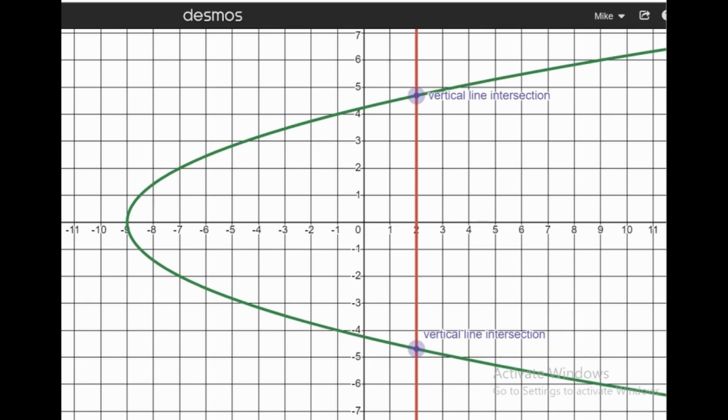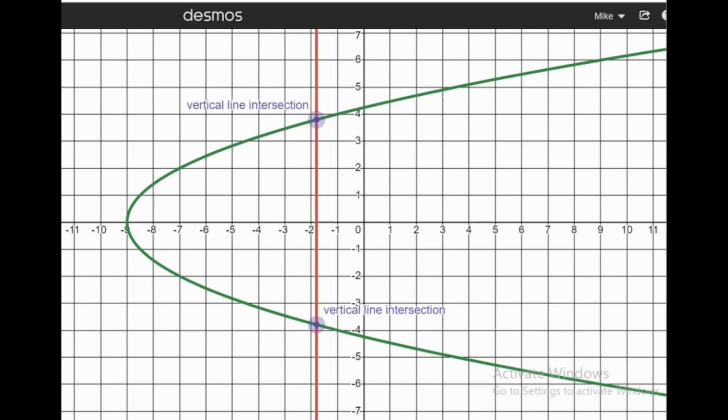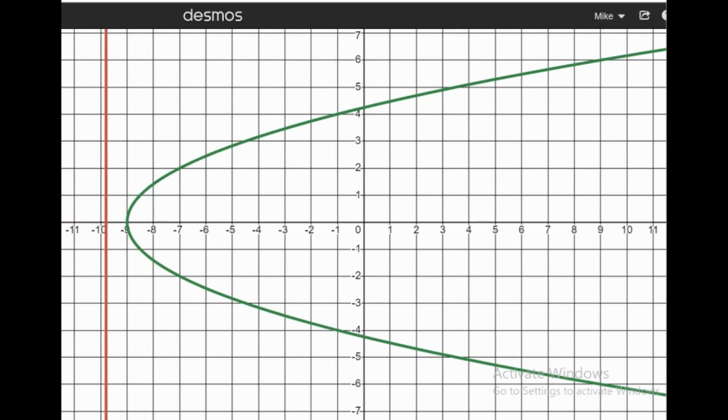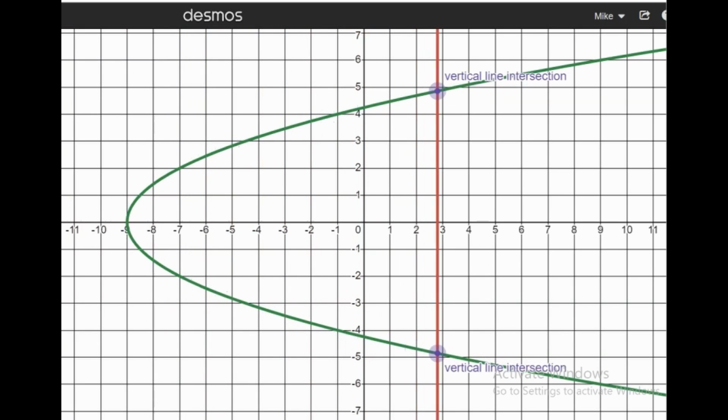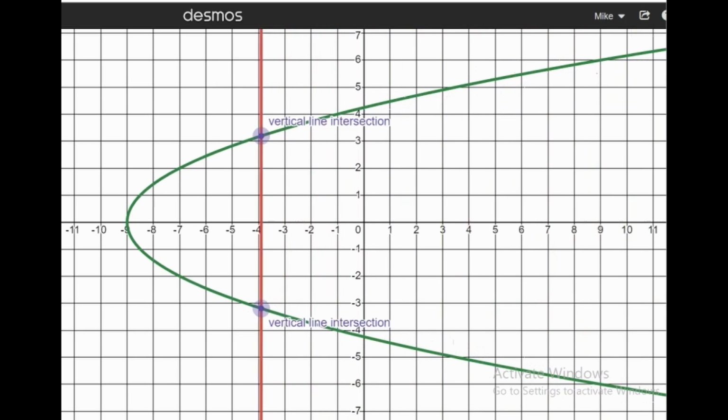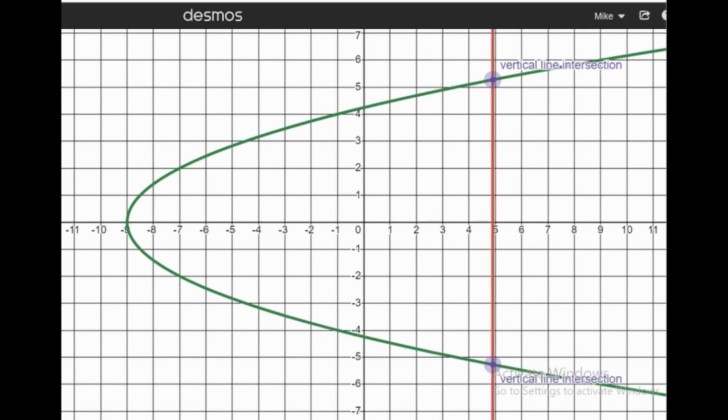It is a relation, but it is not a function because it crosses over in more than one place. Sometimes it can cross over in three places, but you can see that it is crossing over this curve in more than one place, and therefore it fails the vertical line test. So this is not a function.